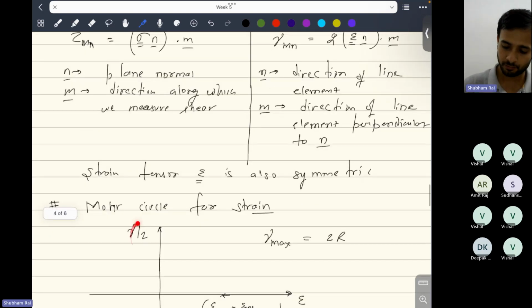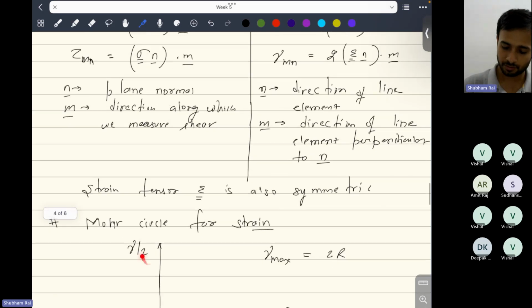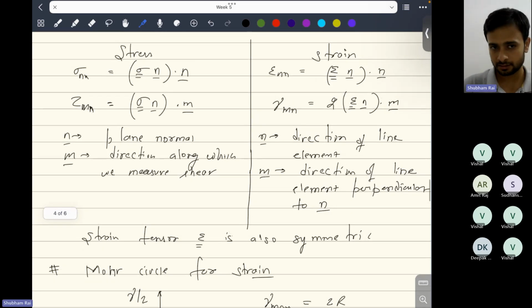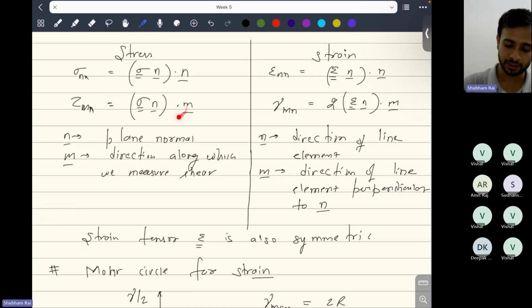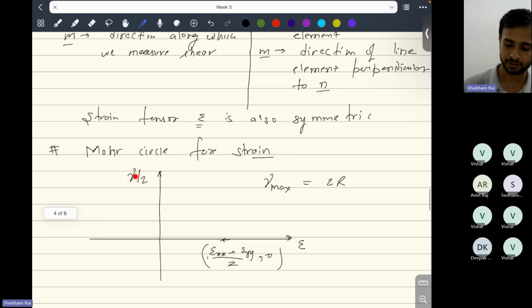In the Mohr circle of stress you plotted this quantity, which does not contain any double sign. So here also you should plot only this quantity, which is half of the shear strain. That's why we are plotting half of shear strain only.